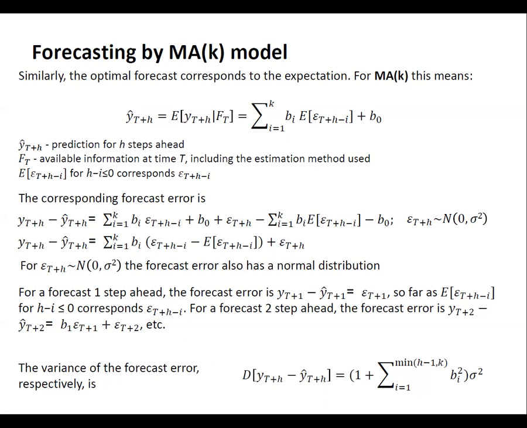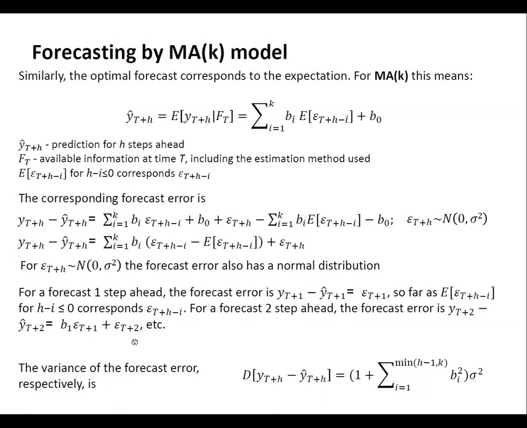Since the deviation of the error from the expectation of the error is 0, this will simply be a lagged error. Accordingly, for a forecast 1 step ahead, the forecast error will be simply the error itself, that is epsilon t plus 1. For a 2 step ahead forecast, the forecast error is the coefficient of the moving average model multiplied by the previous error plus the current error.